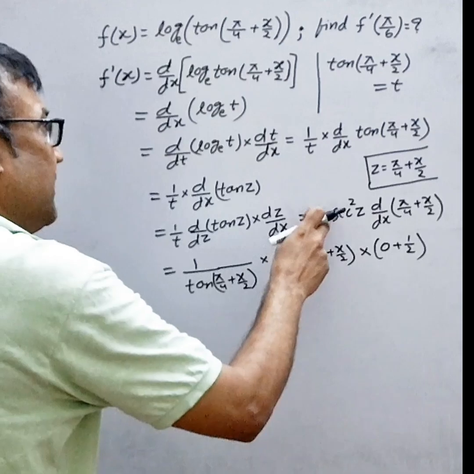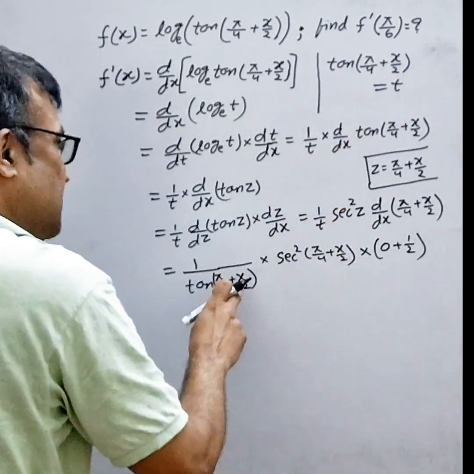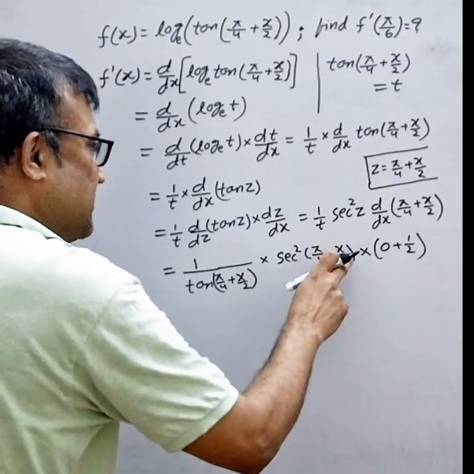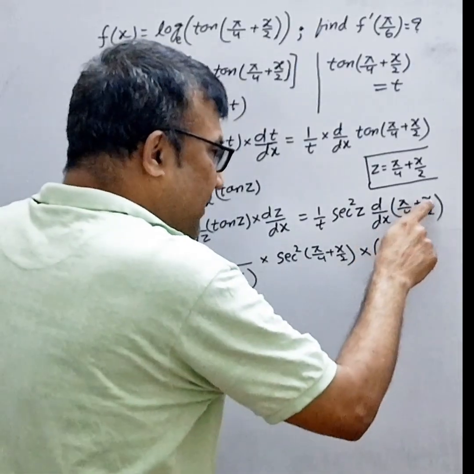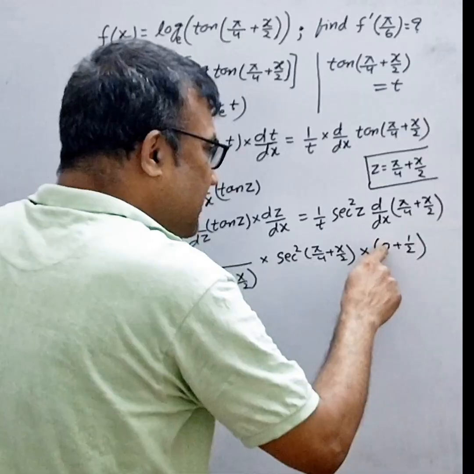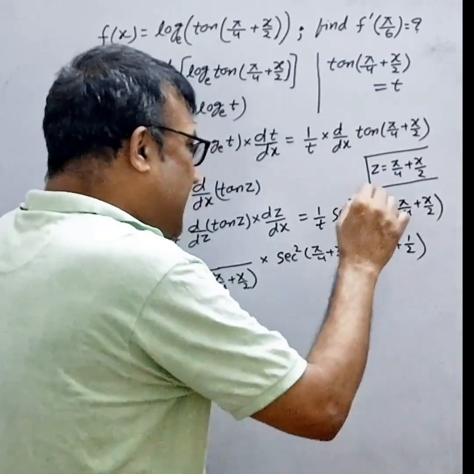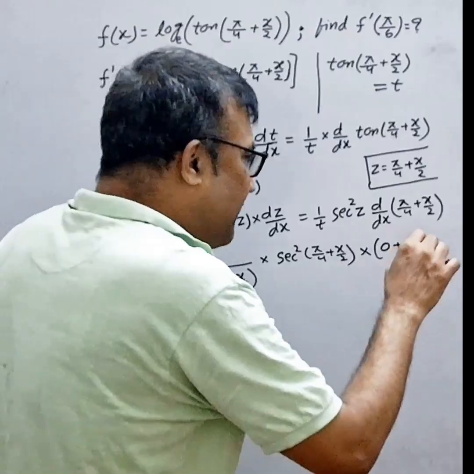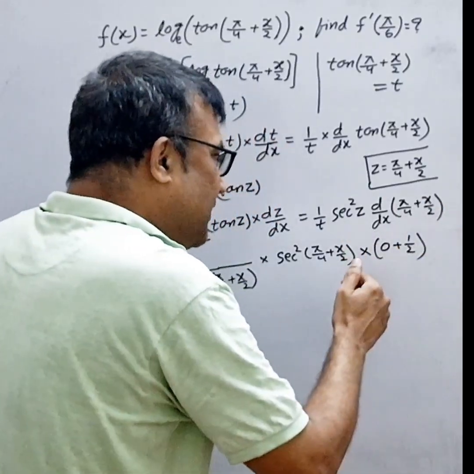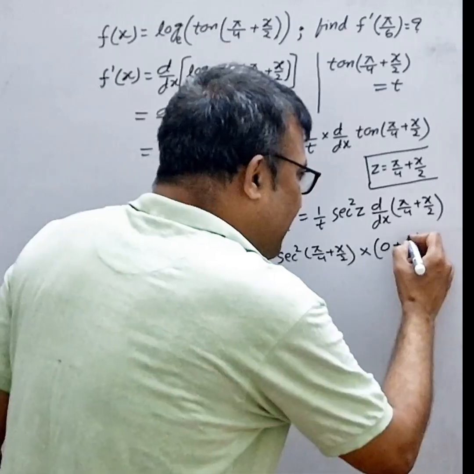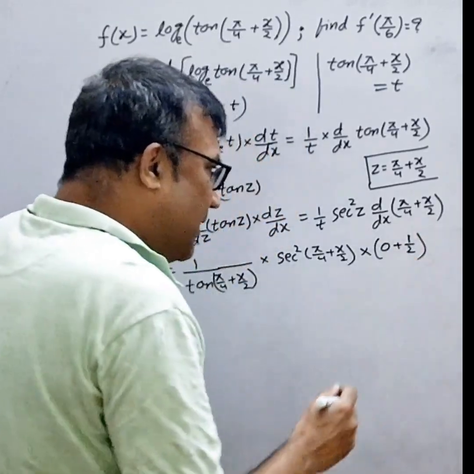Now in place of t we replace tan(pi/4 + x/2), and in place of z we replace pi/4 + x/2. And here we differentiate these two terms separately. Pi/4 being constant, its differentiation will be 0. And in the differentiation of x/2, 1/2 being a constant factor can be taken out of the differentiation, and differentiation of x will be 1. So the differentiation of x/2 will be 1/2.